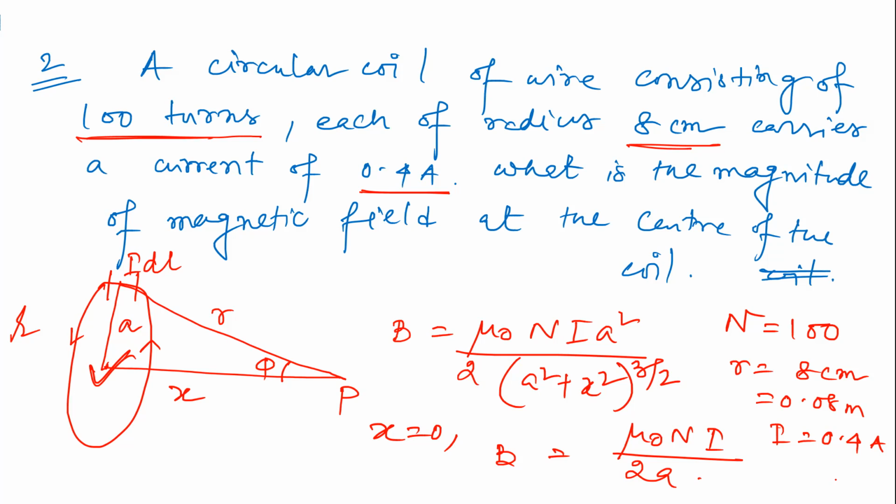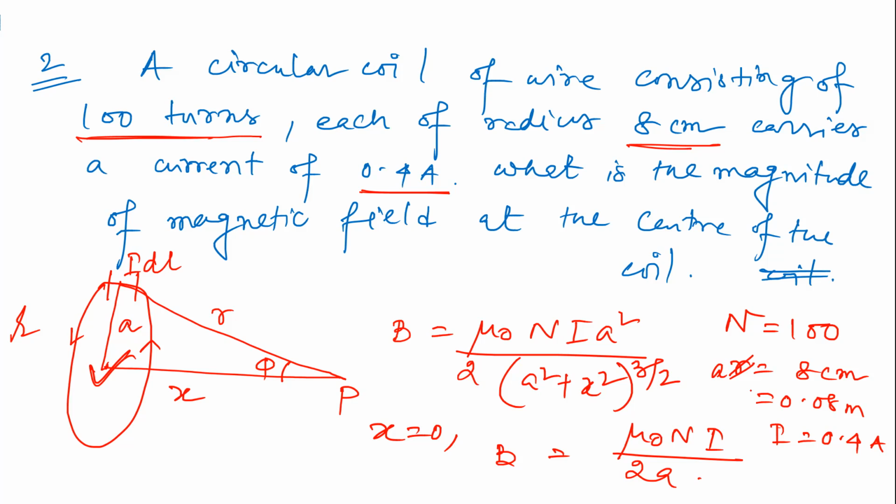that is mu naught Ni divided by 2a, right? So when we are substituting, let's see what value we get, right? In this case, I have written a, but this is actually the radius. So a is equal to 8 centimeter, and you can say it is 0.08 meter, right?